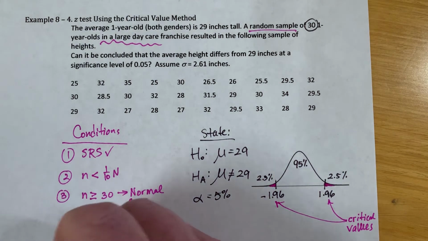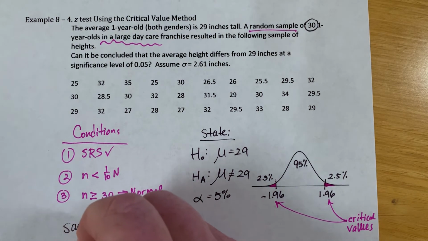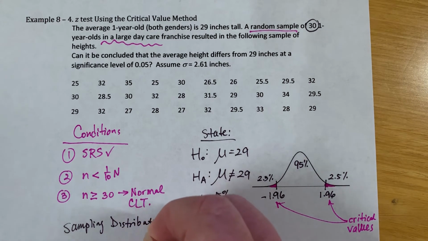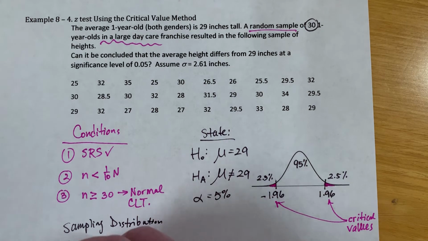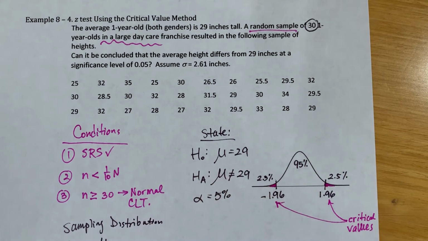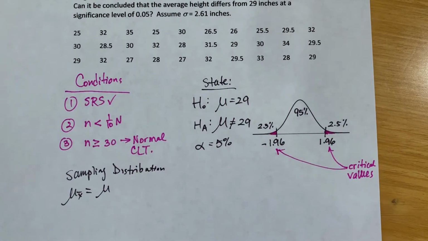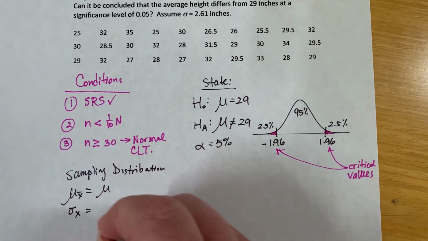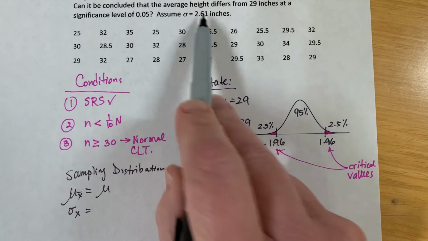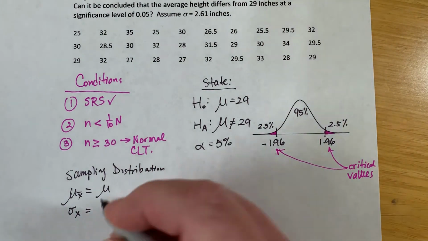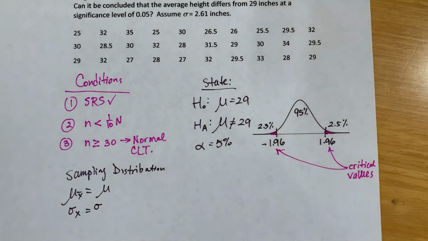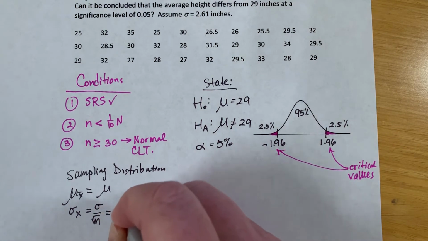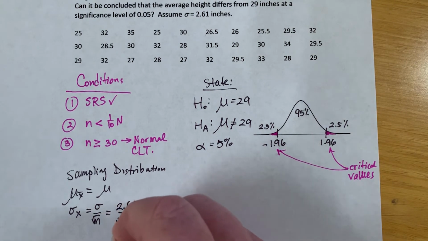So the sampling distribution is actually going to be centered on the parameter. Centered on the parameter. And then the variability is going to be this business over here, the population standard deviation divided by the square root of the sample size. So here it is going to be 2.61 divided by the square root of 30.